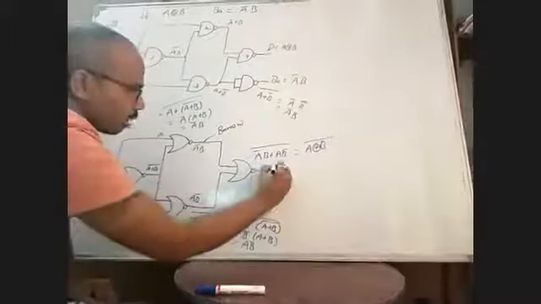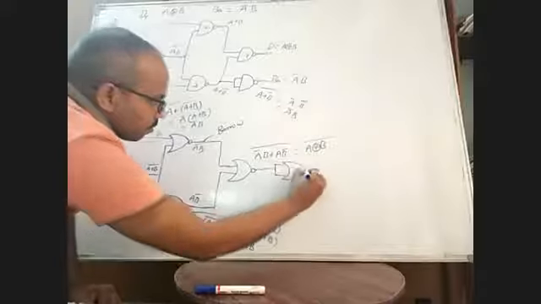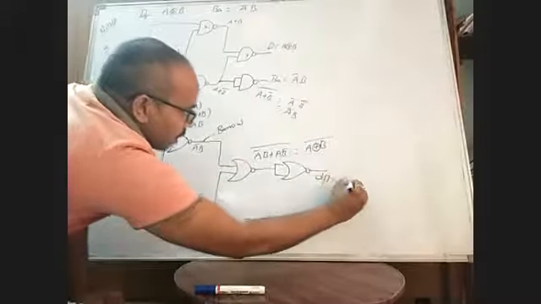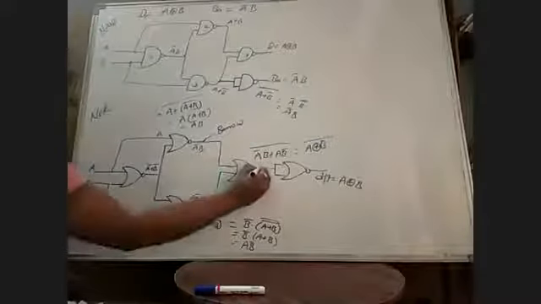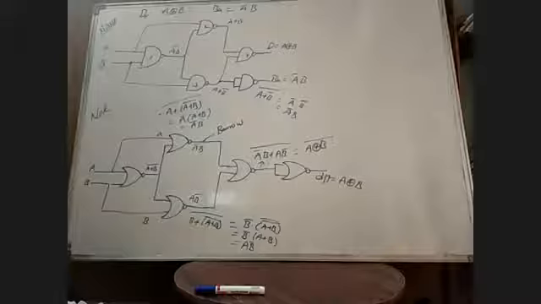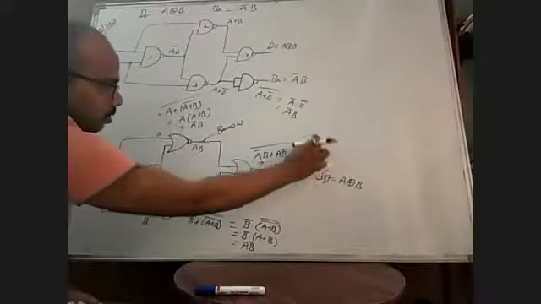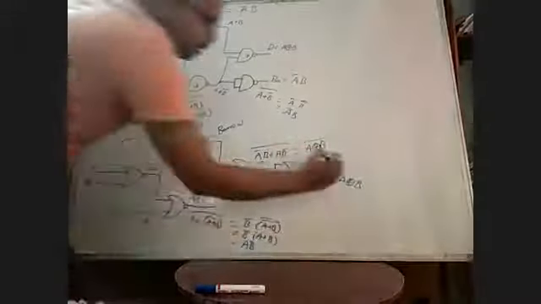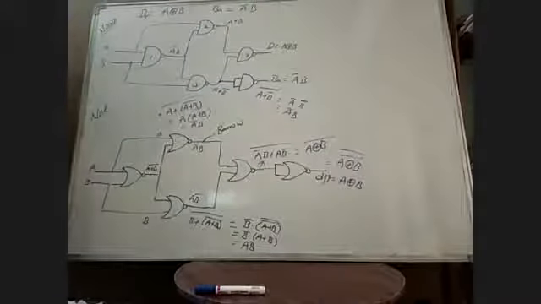Therefore, I am taking one more inverter using NOR gate to generate the difference output. Difference equals to A exclusive or B. At this stage, this is the expression, so we can write this as A exclusive or B complement complement cancel, and the output here we can write as A exclusive or B double complement. Double complement cancel, you are getting A exclusive or B.